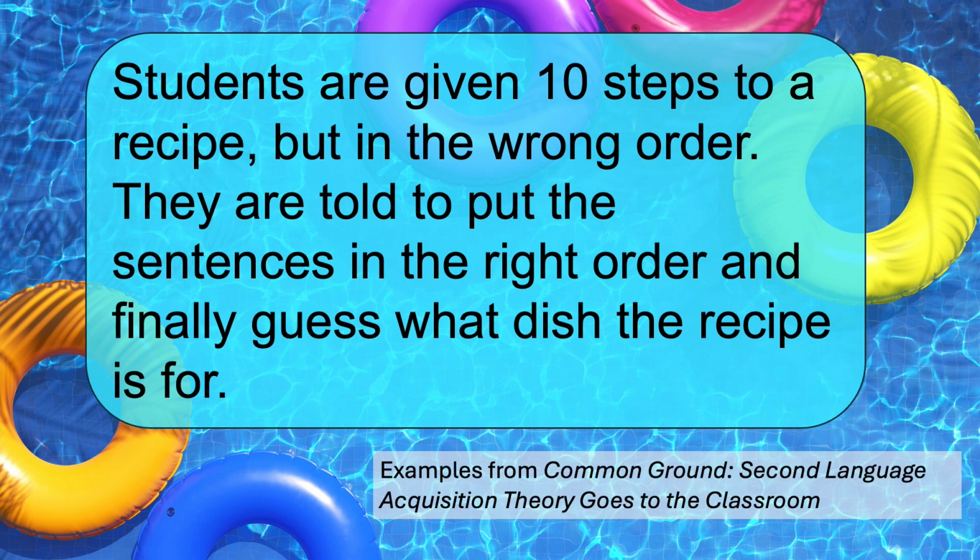The answer for this one is yes. Students must be able to understand the steps in order to put them in the correct order and then decide what the recipe is for.